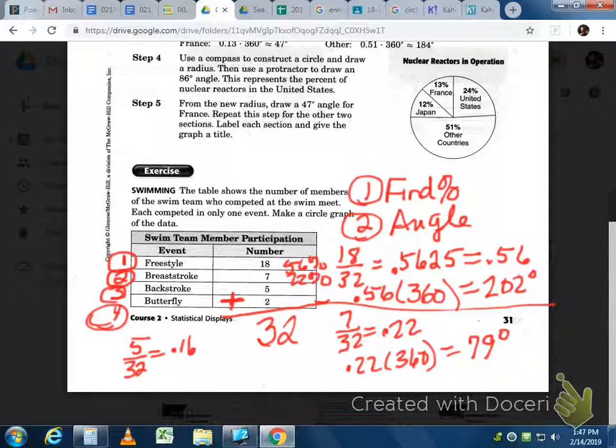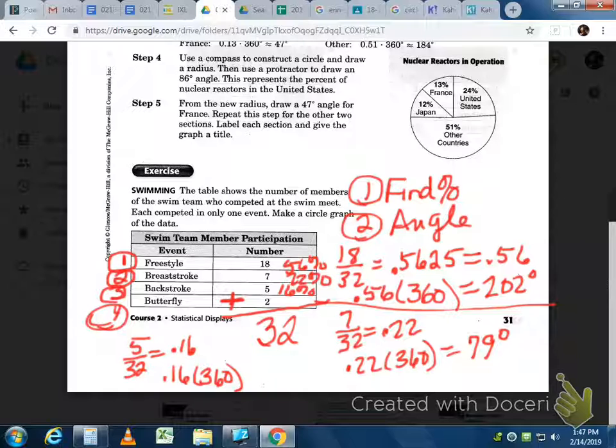So 5 is 16%. The backstroke is 16%. Emma, what do you do with the 16%? And how many degrees did you get?